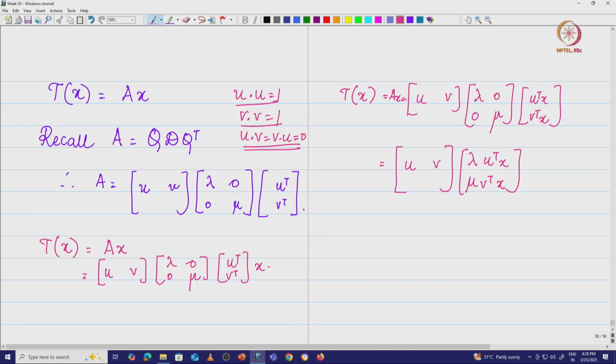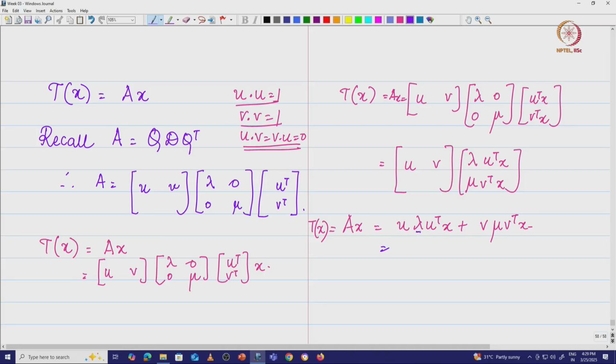I can multiply this, I get this. So now I have u into lambda u transpose x plus v mu v transpose x. This is basically Ax, which is basically the effect of the transformation T on x, where T is symmetric.